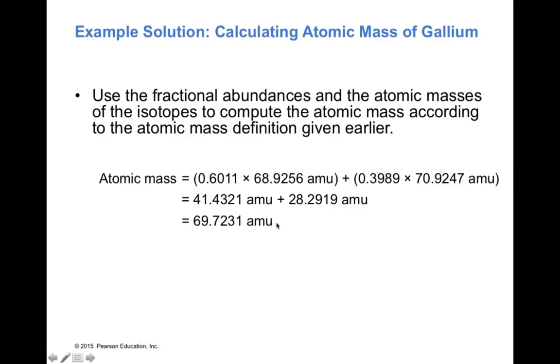But remember that we need to be careful with the significant figures. Here we have 4 significant figures, and here 6. Because it's a multiplication, we need to express the result in 4 significant figures. So that means we have 69.72 atomic mass units.